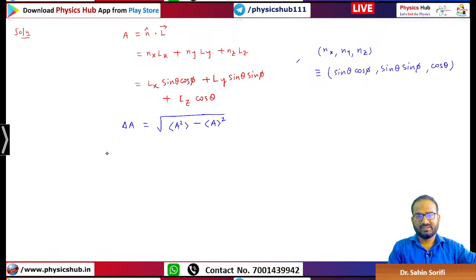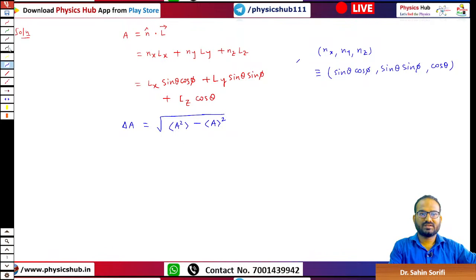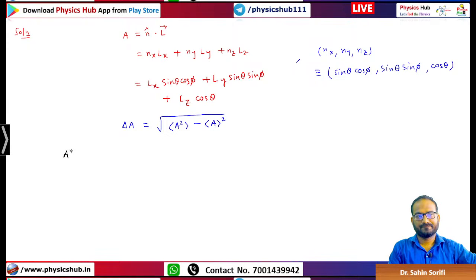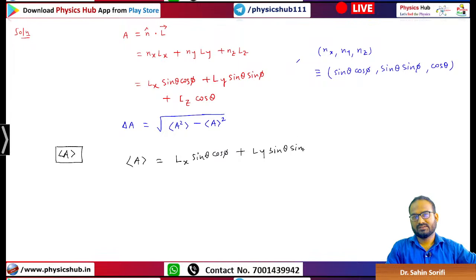Okay, so let us first find the expectation value of A. We have A is equal to Lx sin theta cos phi plus Ly sin theta sin phi plus Lz cos theta.